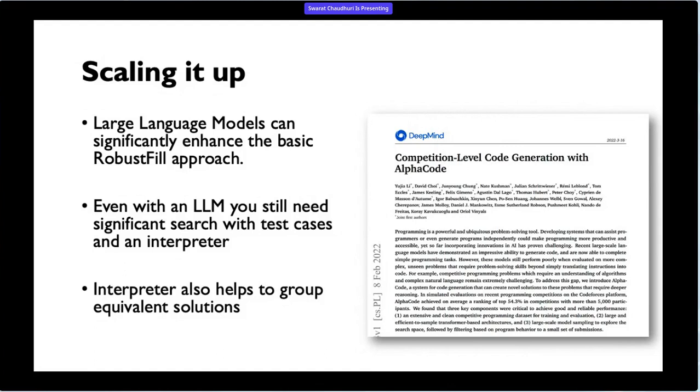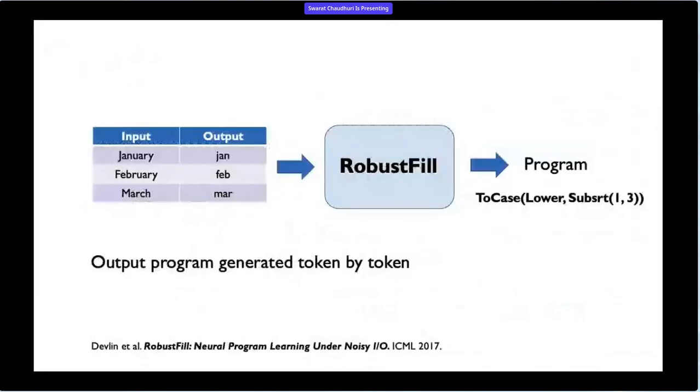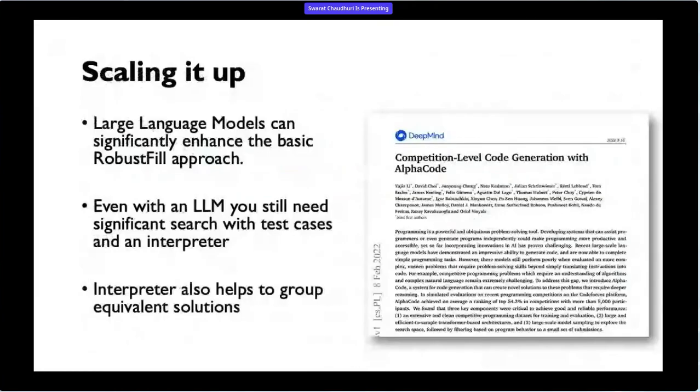In some ways, it's actually doing something very similar to what RobustFill is doing, except in this case, this was done with a very, very large transformer, and it used something along the lines of 1024 TPUs running over the course of a month in order to train the model. So it was really trained at a completely different scale compared to the original RobustFill work, but the actual strategy was still very similar.